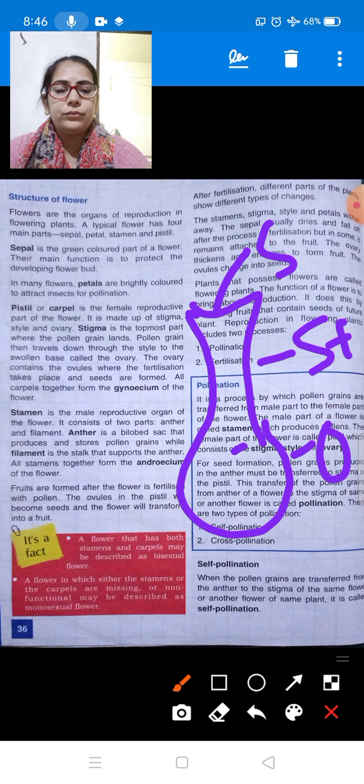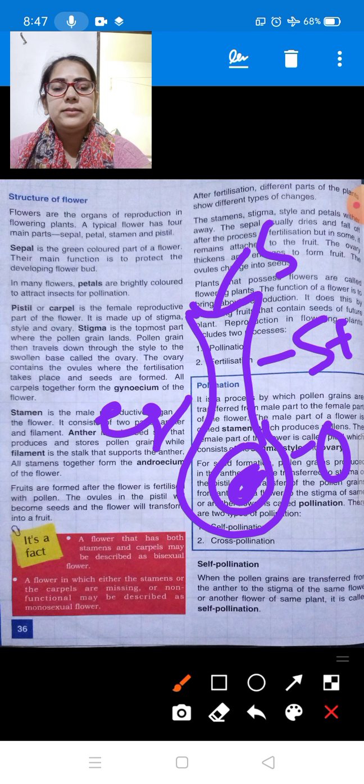And inside the ovary there is the ovule, and inside the ovule there is the female reproductive cell, that is the egg cell. So the male reproductive organ forms the pollen grains, and in the female reproductive part the egg cell is present.